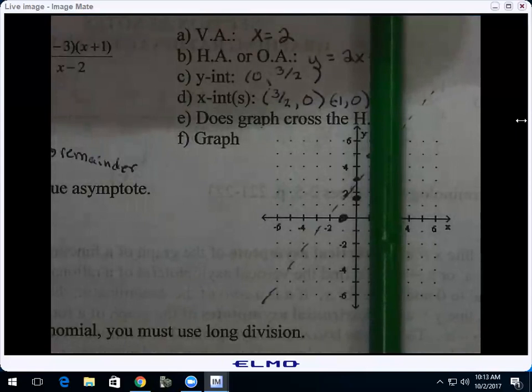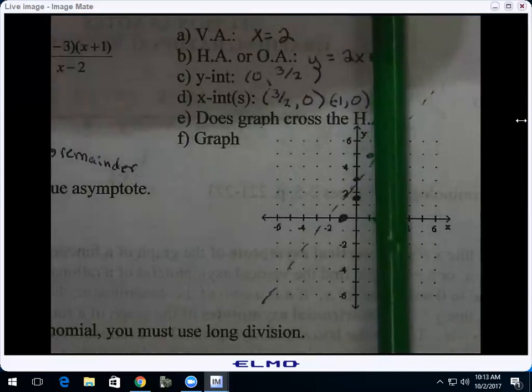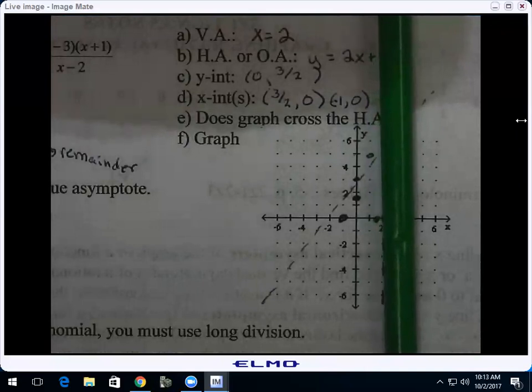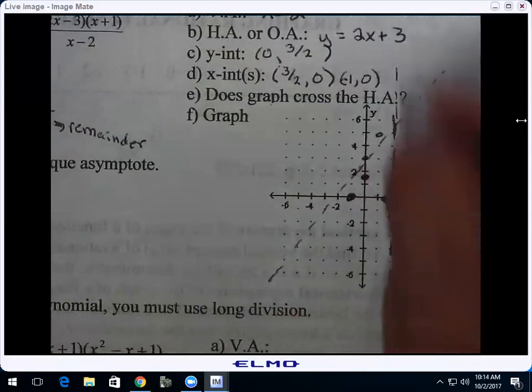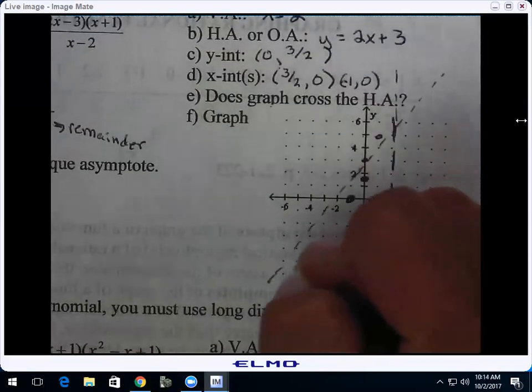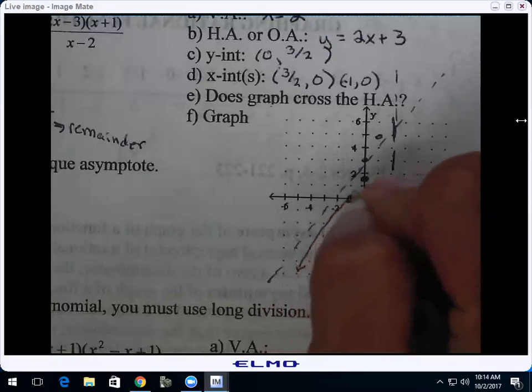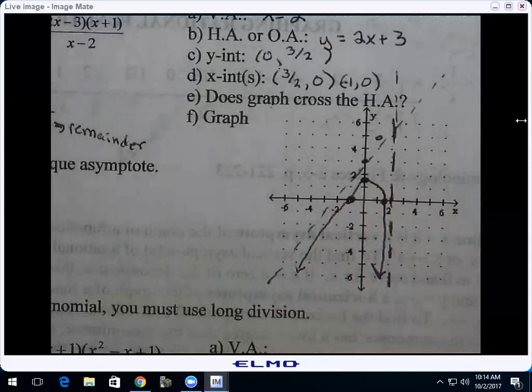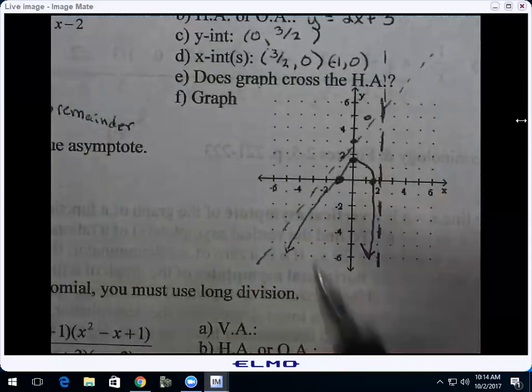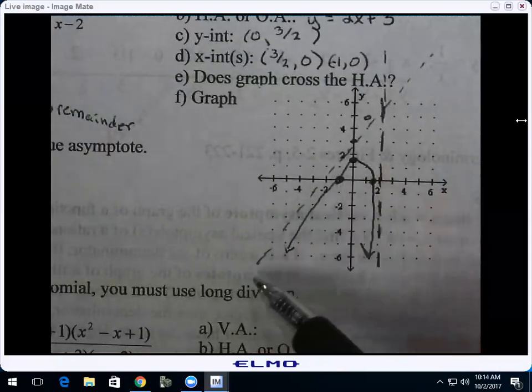Either above the oblique or below the oblique. Can you see which without using a test point? Jeremiah, you can. What is it? It has to be below because of all of your intercepts. So to the left of the vertical asymptote, graph looks like this. And it does approach both the oblique asymptote and the vertical asymptote.